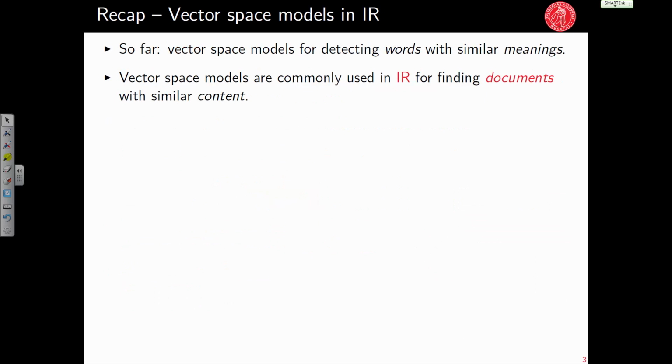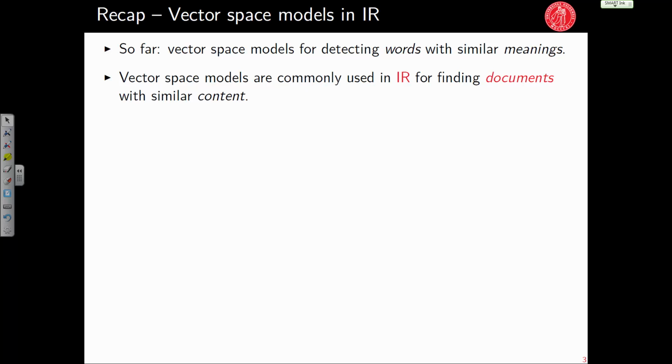Just another way to think about vector space models. So far we have been looking at vector space models for detecting words with similar meanings. But as we mentioned before, vector space models are general algebraic or geometrical models that are used in many other applications, and they originate in IR, the information retrieval field of study.